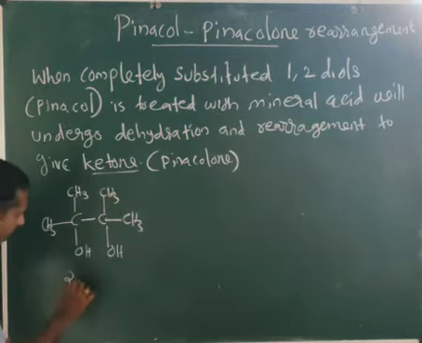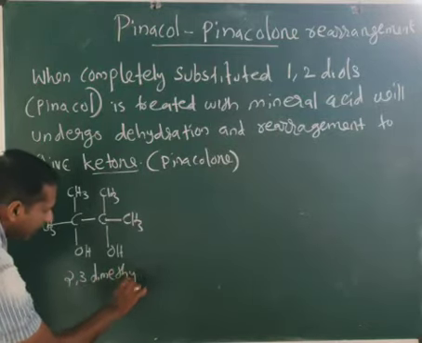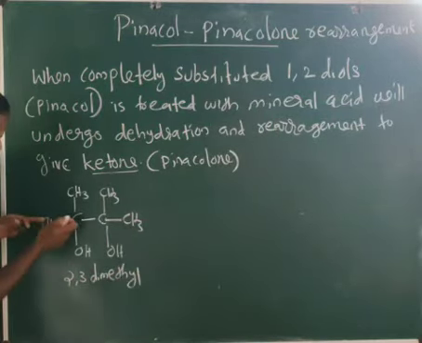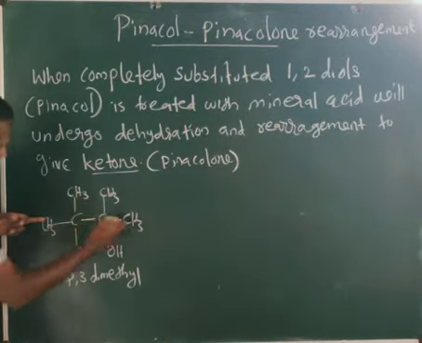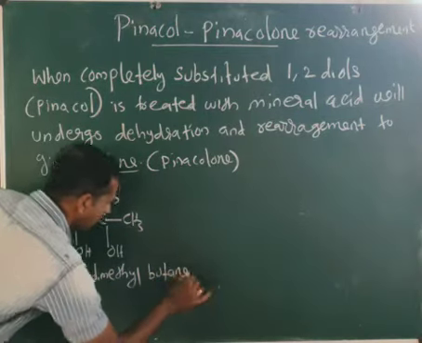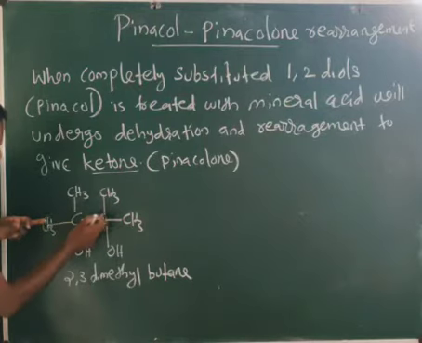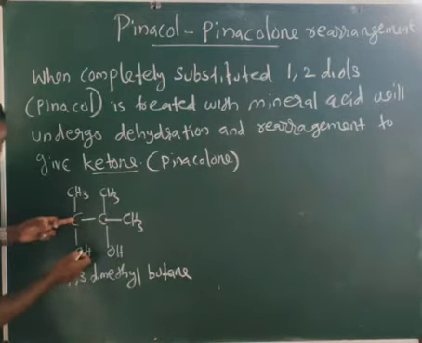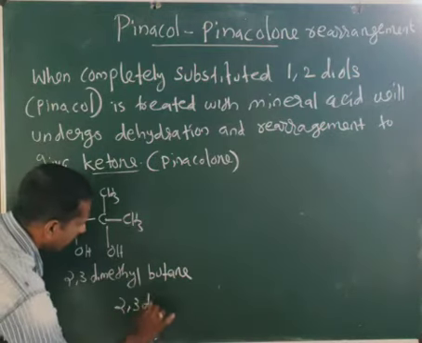So how will you write it? 2,3-dimethyl. The four-carbon chain is butane, and on carbons 2 and 3 there is an OH group, so butane-2,3-diol.